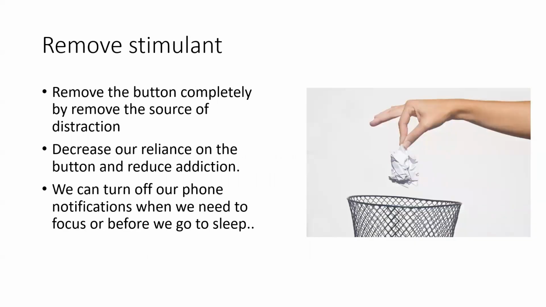On the other hand, another method is to remove the stimulants around us. I think this is more effective because it directly addresses the root cause of the problem. By removing the button completely, there's no way we can press it. For instance, remove sources of distraction away from us.